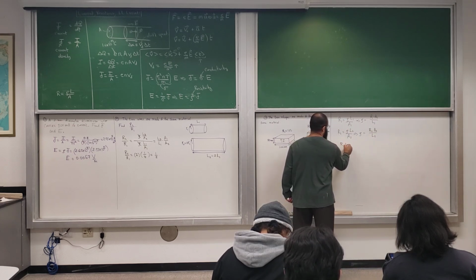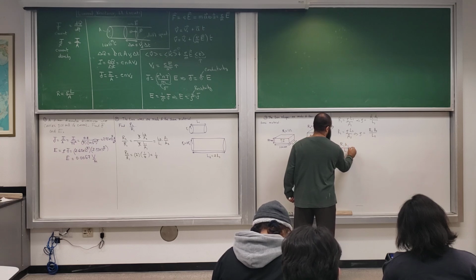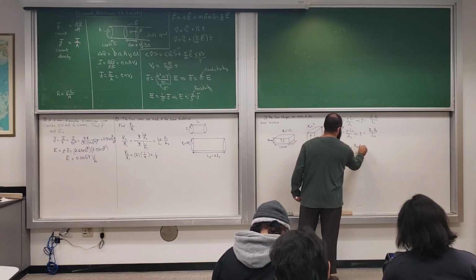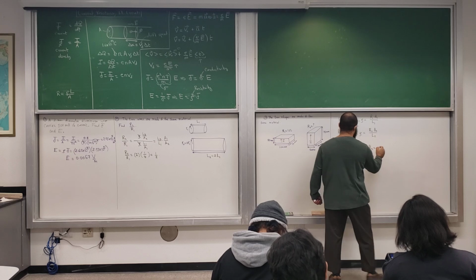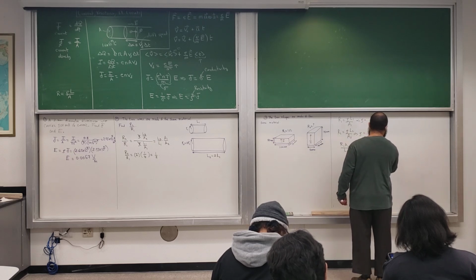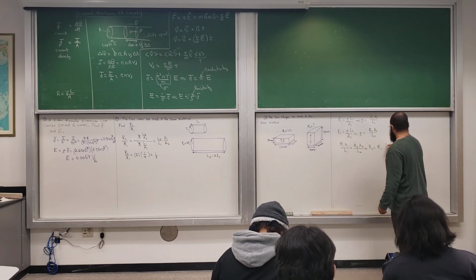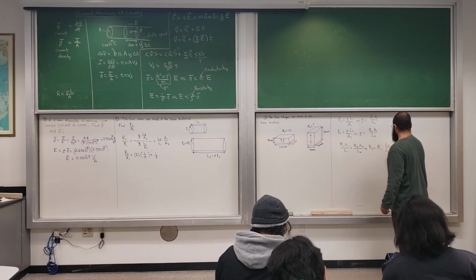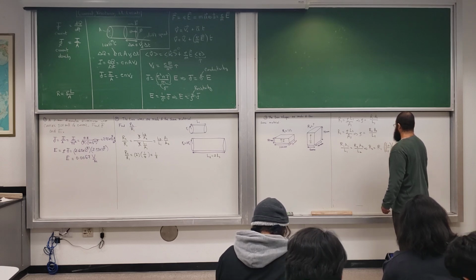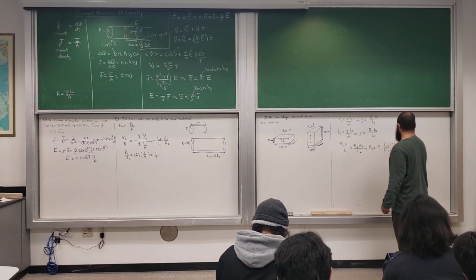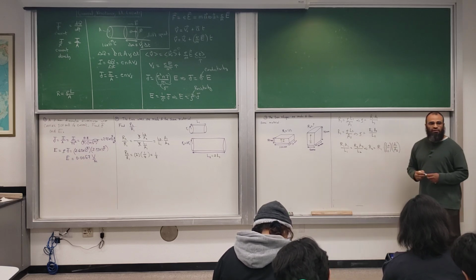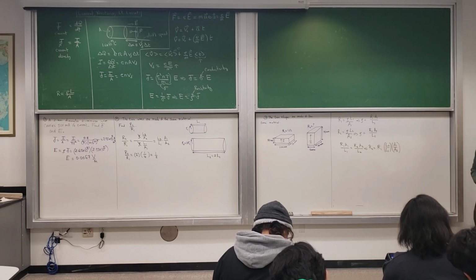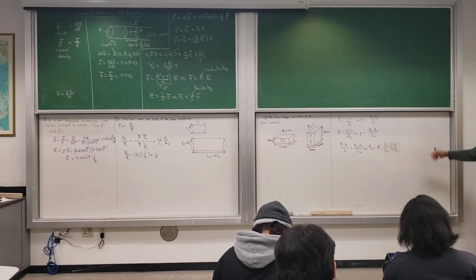R1 A1 over L1 is equal to R2 A2 over L2. That means R2 equals R1 times L2 over L1 times A1 over A2. I'll wait a moment to make sure that we're all on the same page.